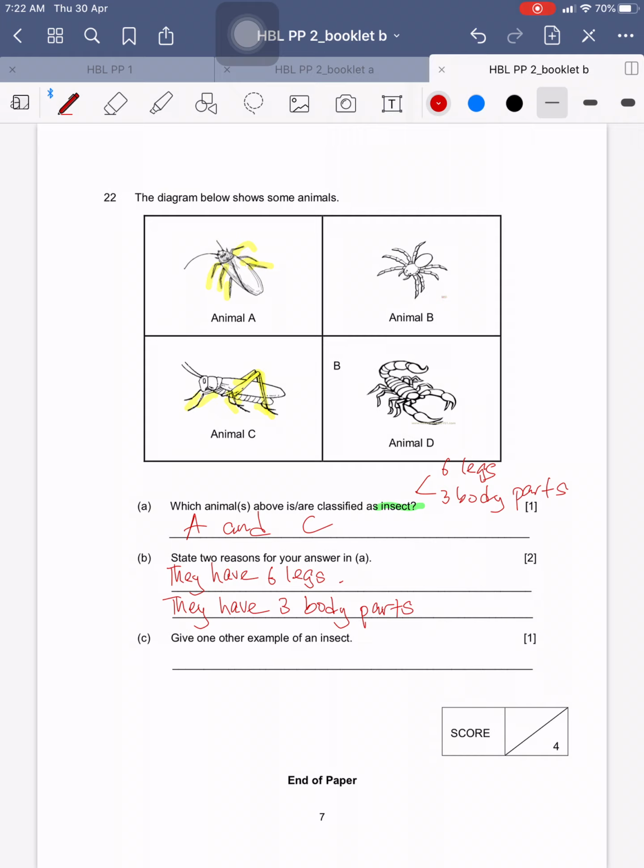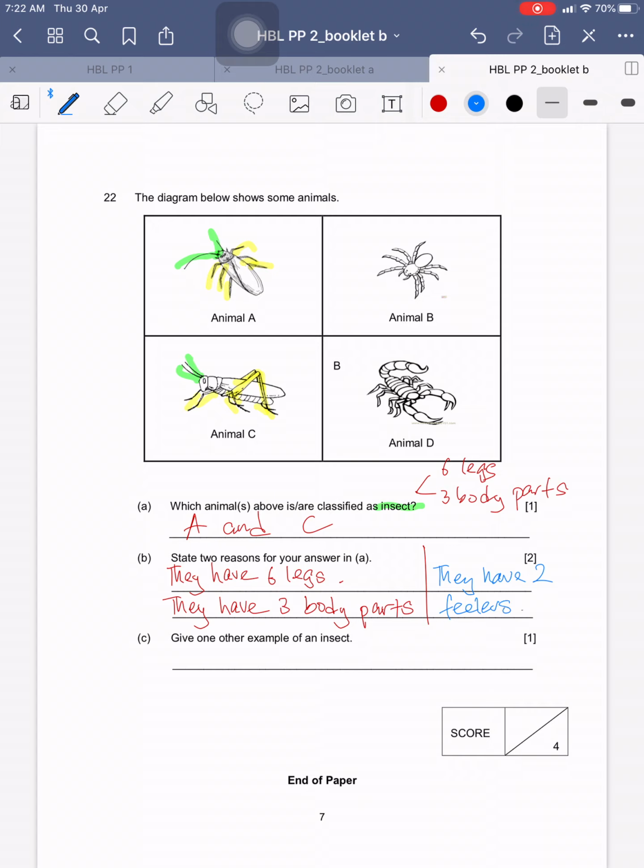Alright, now some of y'all may be able to spot another reason. You can see that the insects have 2 feelers. So you can actually give this as well. Okay, I'll just write here: they have 2 feelers or antennas.